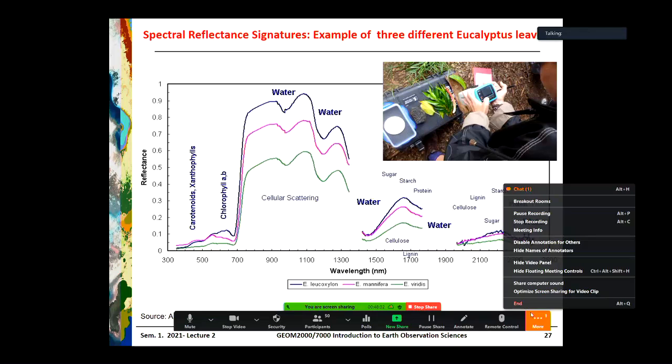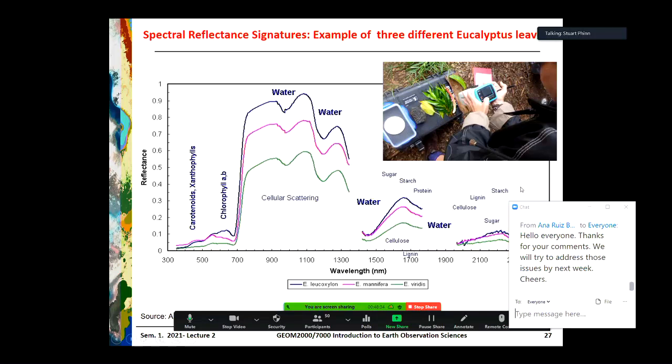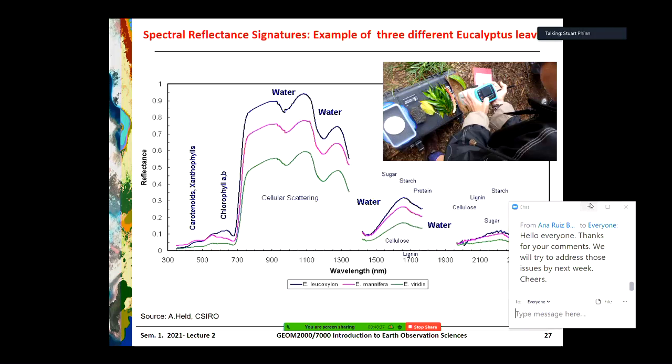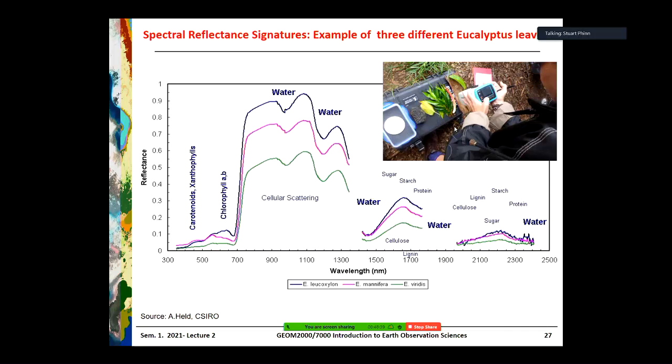Okay. What you can see in the top right corner there is the instrument that we're going to be using in the field exercise. It's a handheld spectrometer. We have several of these, and what you're going to be doing, as the student is doing in the picture, is pointing that at a target and essentially taking a measurement like this for each target.